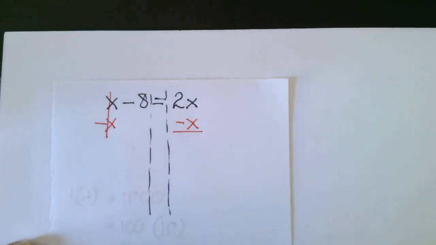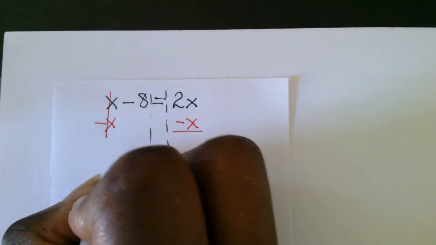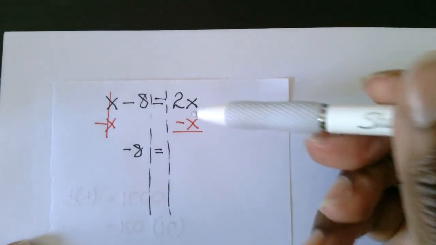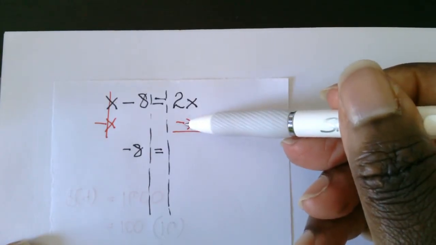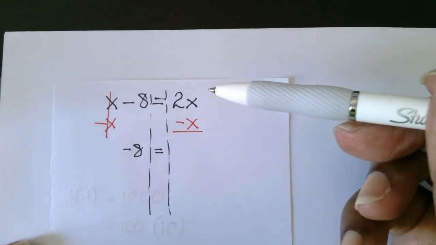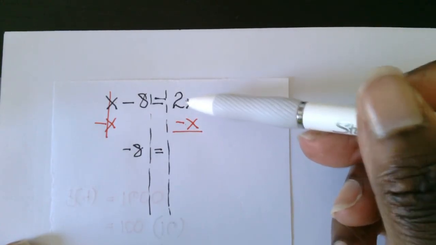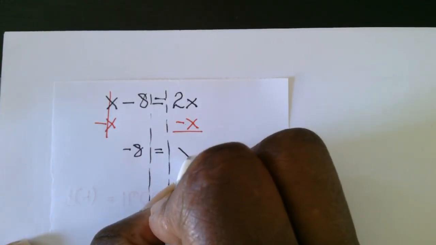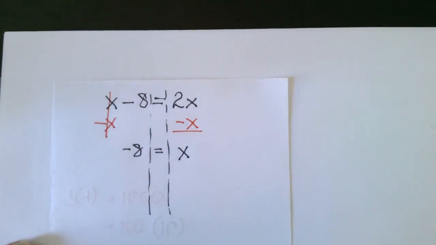I don't need that 0. So we have our negative 8 is equal to 2 minus 1, or how I like to say it, 2 plus a negative 1, which gives me 1x, or just x. A lot of you guys love to bring 1x down and then divide both sides by 1.